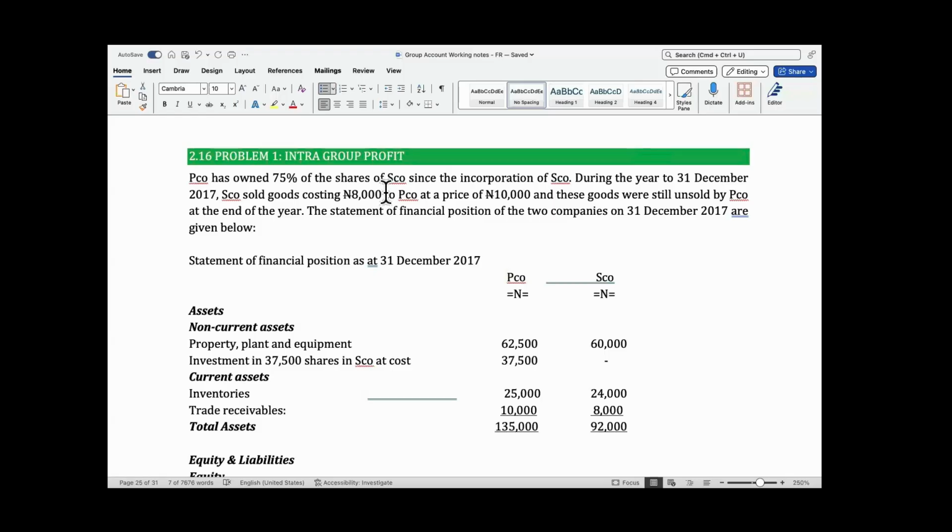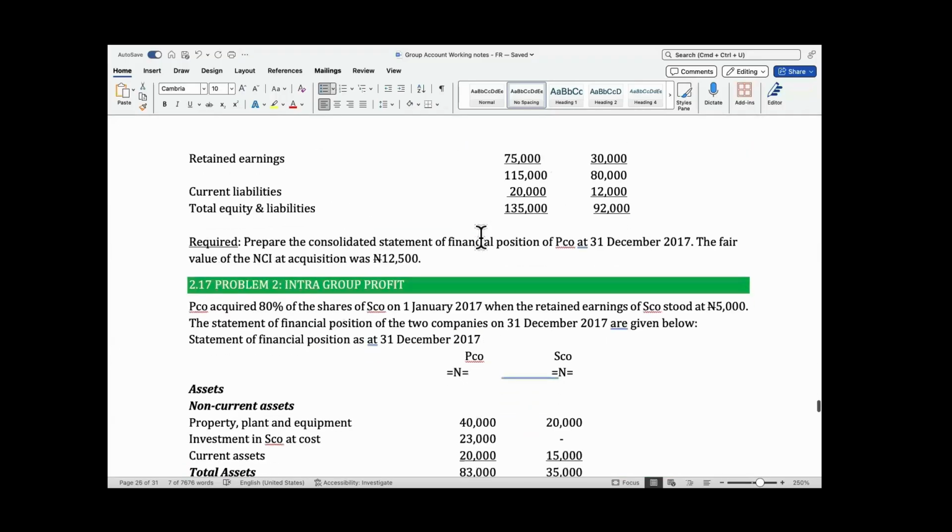And these goods are still unsold by PICO at the end of the year. Summaries of the financial position of the two companies on 31st December 2017 are given below. We are required to prepare the consolidated statement of financial position of PICO at 31st December 2017. The fair value of the NCI at acquisition was 12,500.